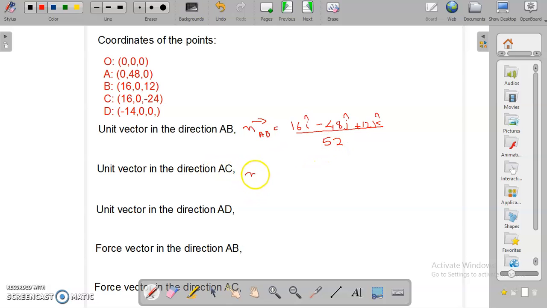Similarly, n_AC, the unit vector along the direction AC, is 16i minus 48j minus 24k divided by 56.